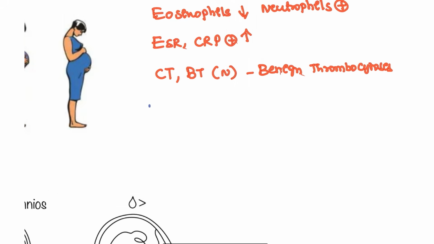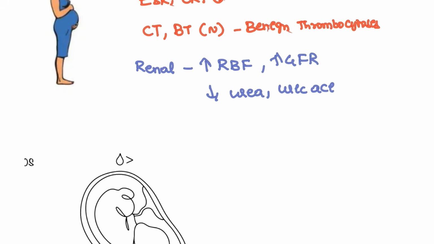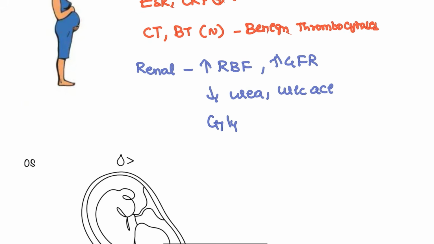Coming to the renal changes. In these patients there is increased renal blood flow and increased glomerular filtration, and that is why urea and uric acid levels are decreased. Physiologically there will be glucosuria.